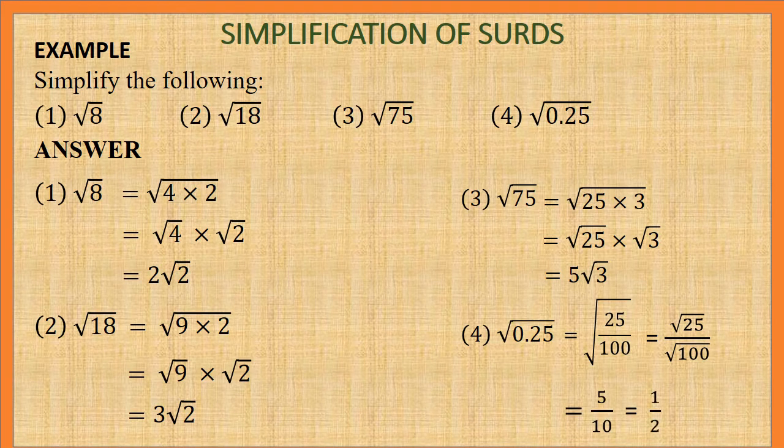But we simplify it to 1 over 2. 5 divided by itself is 1, 10 divided by 5 is 2. So square root of 0.25 is 1 over 2, or 0.5.